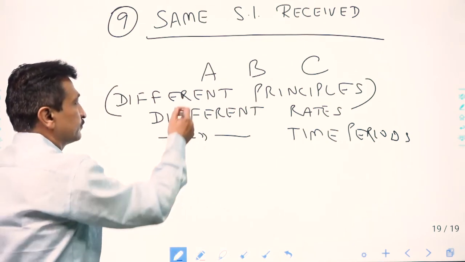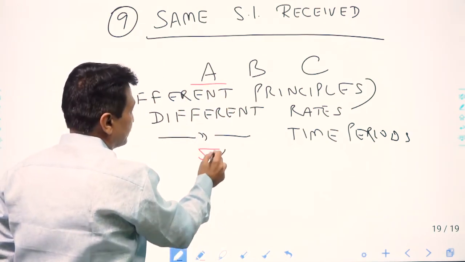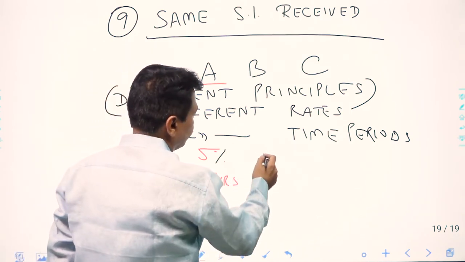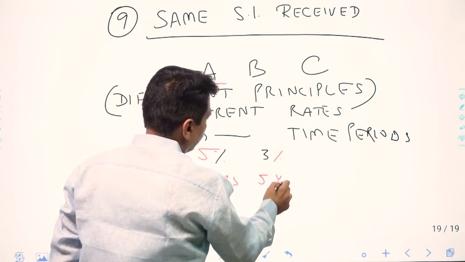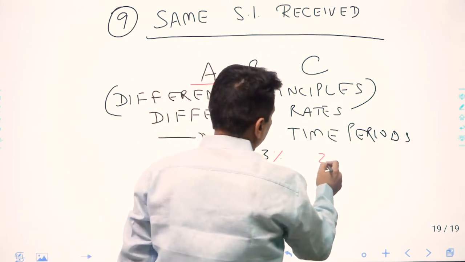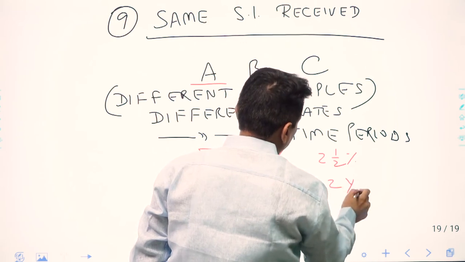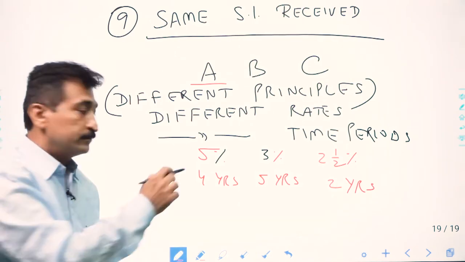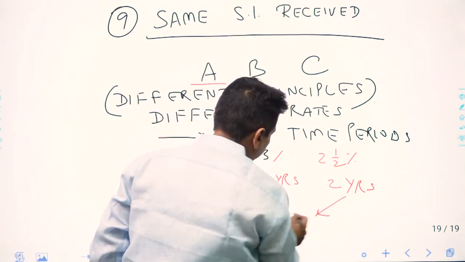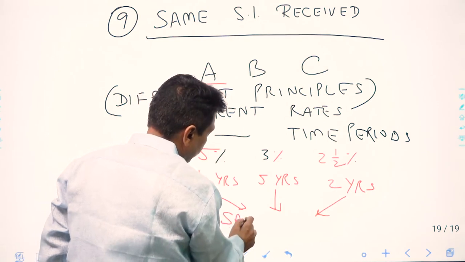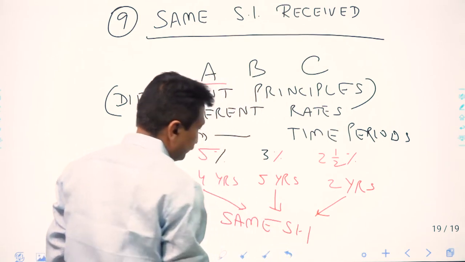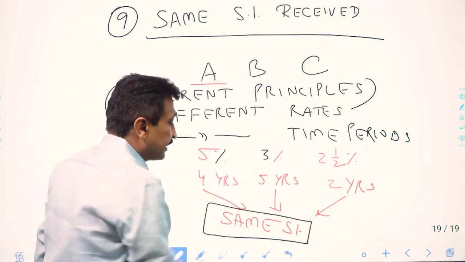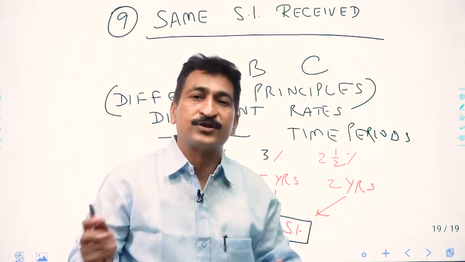Suppose to A I give money at 5% for 4 years, to B I give money at 3% for 5 years, and to C I give money at 2.5% for 2 years. And the simple interest received from all the three cases is the same.